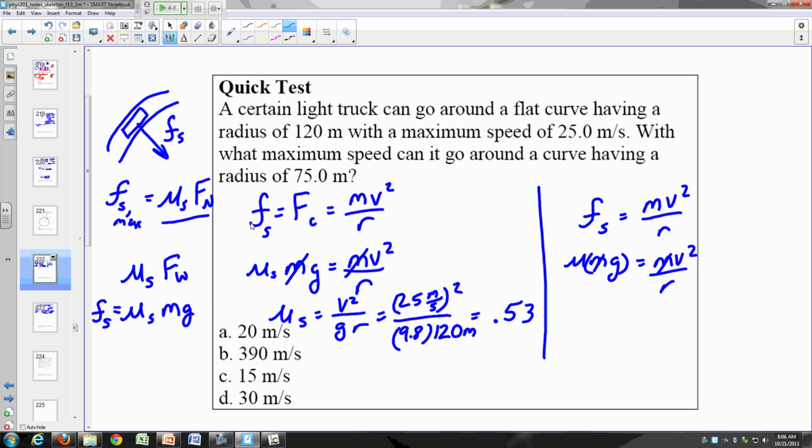Cancel my m's, and I solve for v. So v is going to be the square root of mu g r. And now you know mu, so you can apply it to different radii curves. It's going to be 0.53, 9.8, times r, which is 75 meters.